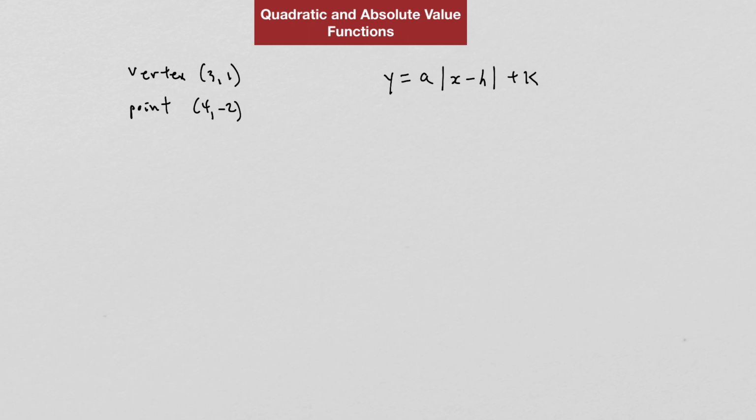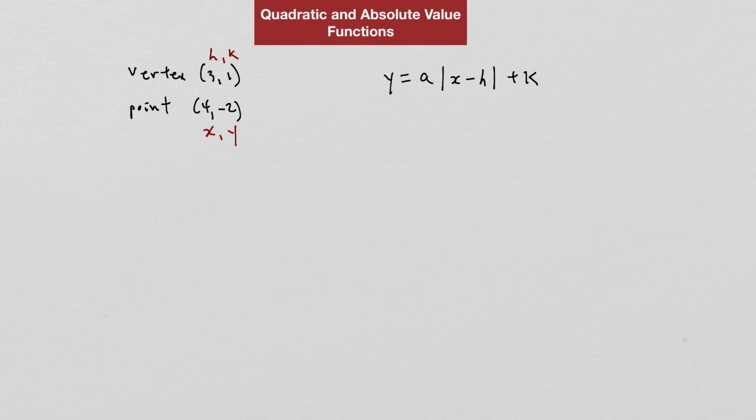Notice that the difference between this equation and that of the quadratic is that here we have the absolute value sign, whereas the quadratic does not, and here we don't have a square, whereas the quadratic does. So the next thing I like to do is label my h, k's and x, y's. So this is my h, k, and this is my x, y.